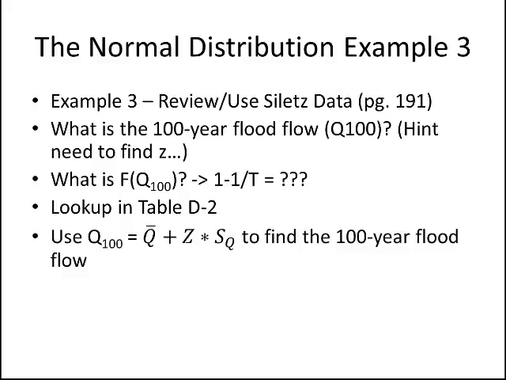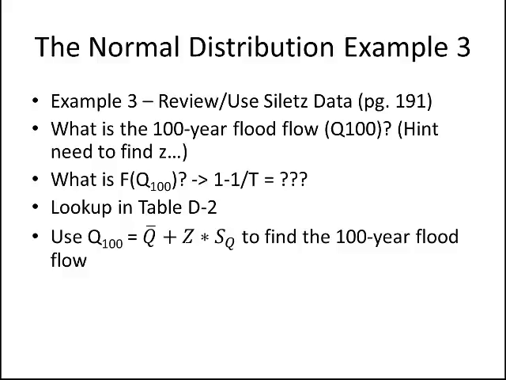And then they're going to plug it into this equation that we can use to basically solve for that 100-year flood flow. So let's look at what this equation is. It's the mean plus z times the standard deviation of the data, right?